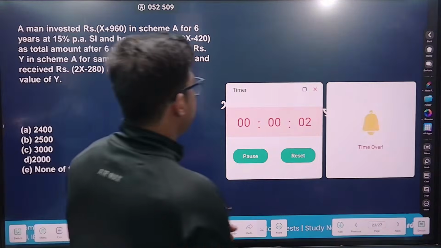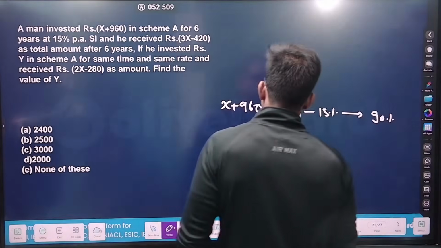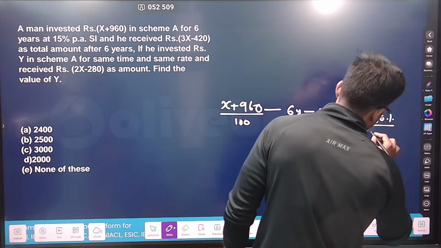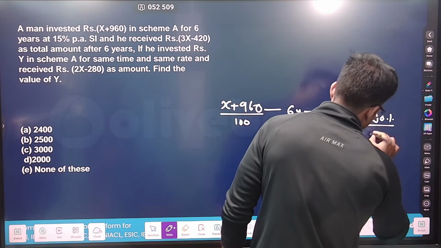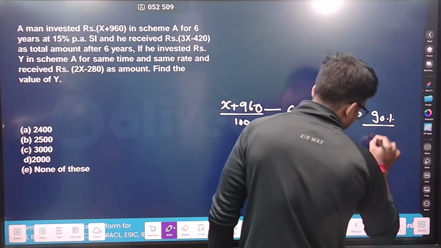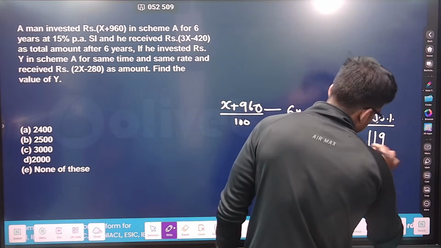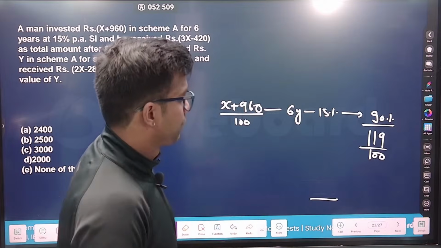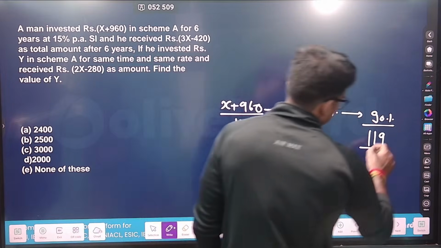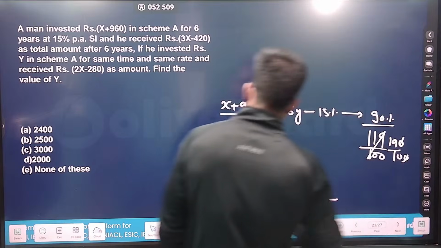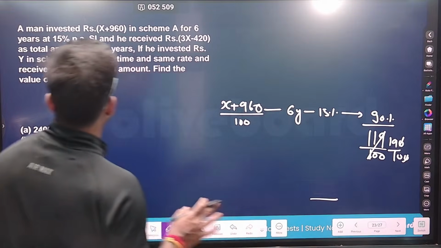But if I assume this should be 100, then the amount would become 190 by 100, which is 19 by 10. That's my assumption.